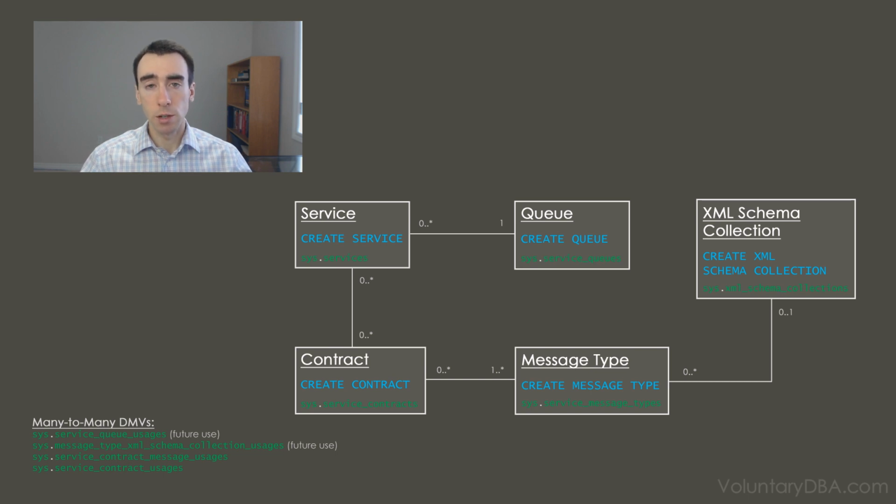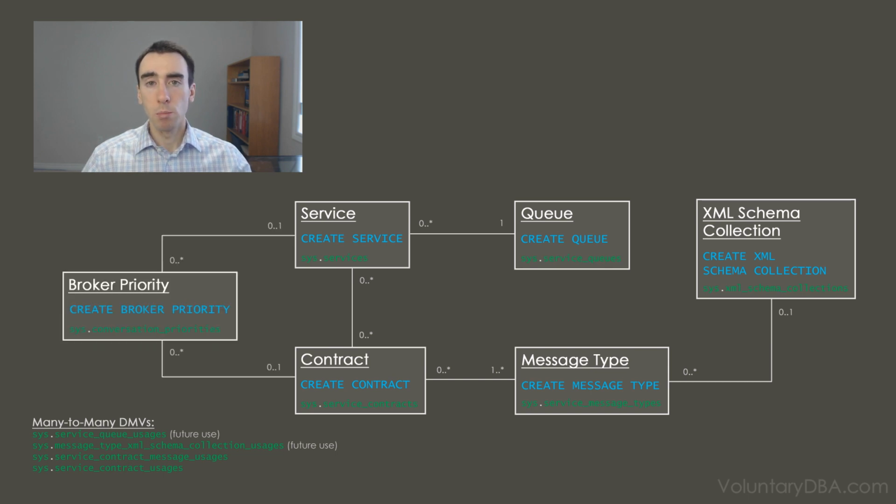during that conversation. I'm going to cover the last three types of objects very quickly because they're less important to understand than the ones already on the screen. All of them deal with how local services interact with remote services. Broker priorities specify that messages are sent or processed with different relative priorities.